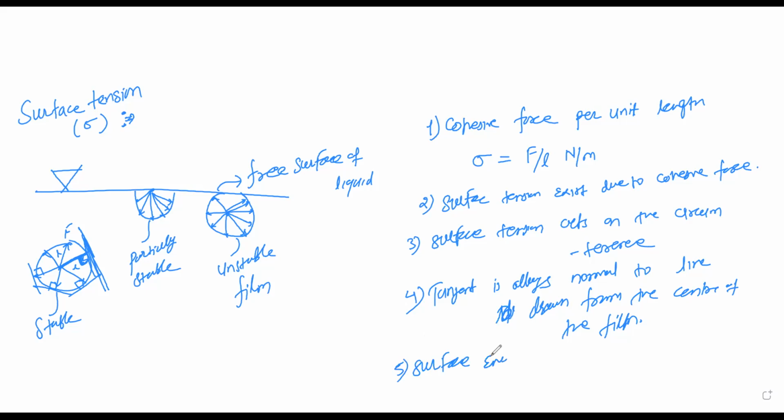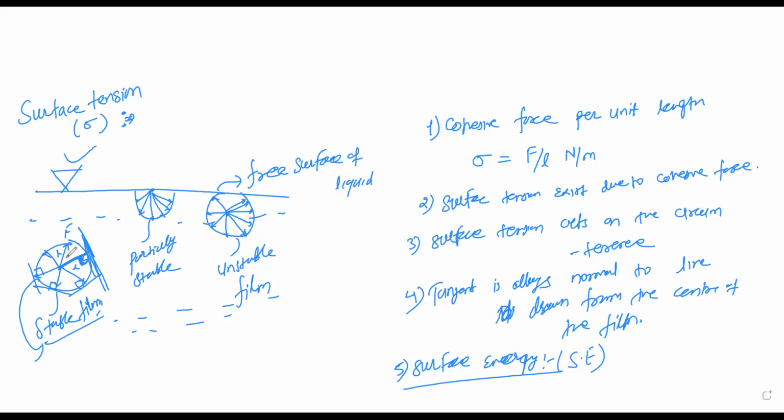And the next important property is surface energy. It's not surface area, surface energy. So before that, I have assumed that three types of films are there. One is a film completely submerged in the liquid, and this is the free surface of the liquid. This completely submerged film is a stable film.